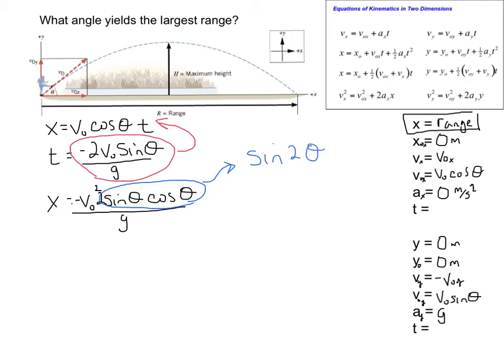It's a double angle trig identity. So we can go ahead and revise our range equation to reflect that. So a negative v initial squared times sine of 2 theta divided by g.